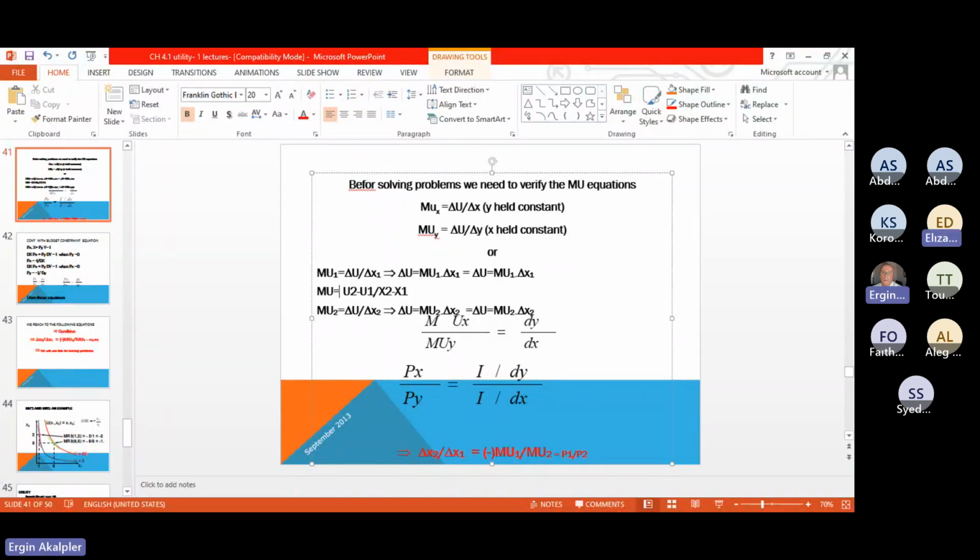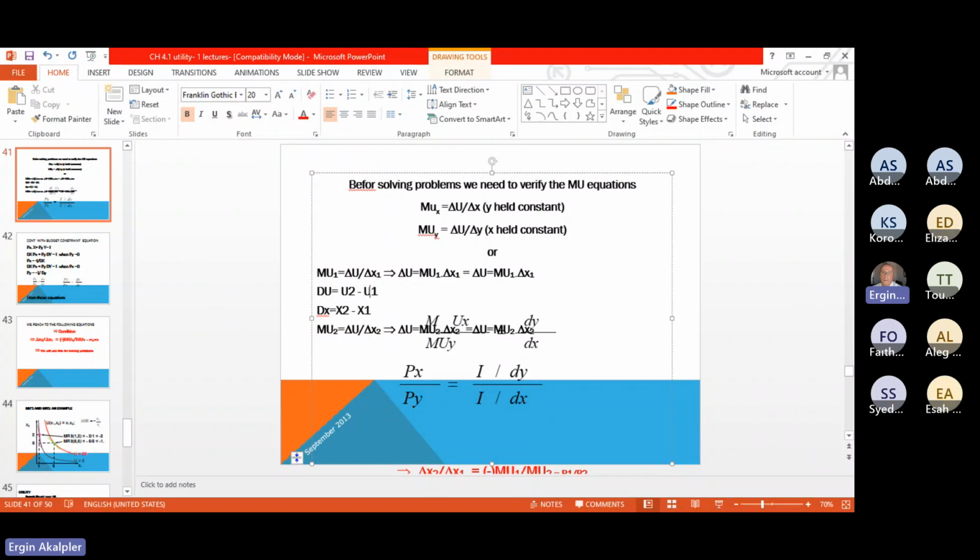If you didn't get it, I make it separately. Delta u means this one, isn't it? Delta x means this one, minus, you get it? For finding the differentiation. Thank you very much.